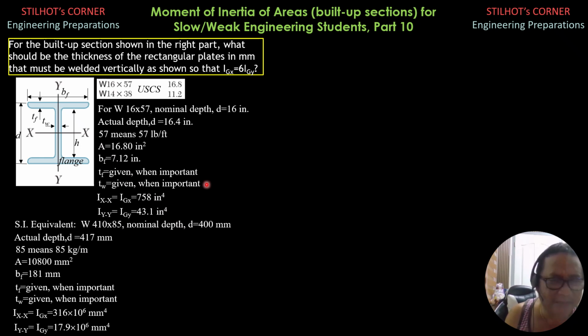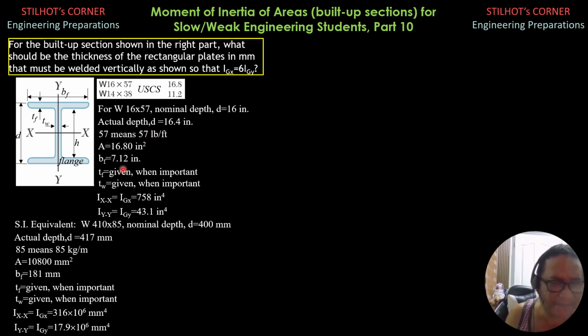So the actual depth is 16.4 times 25.4, it's about 417 mm when rounded off to three significant figures. I already explained this. Then the area, 16.8 square inches times 25.4 squared, that's around 10,000 something, rounded off to 10,800, because the idea here is we round off values to three significant figures.